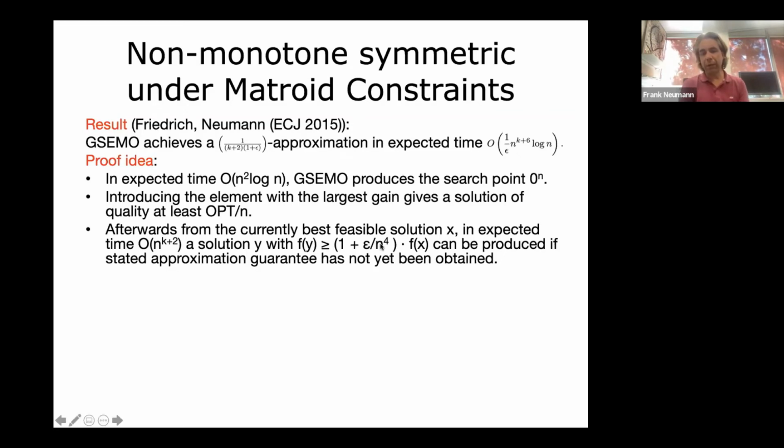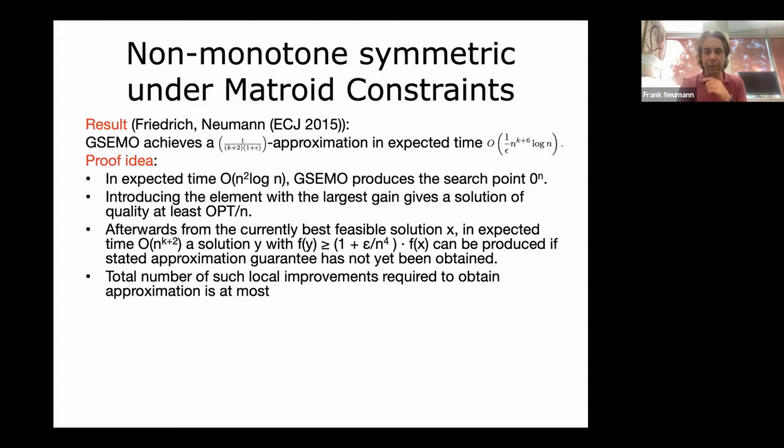So what does it mean if you essentially can increase the function value always by this factor? You can bound the number of steps that your evolutionary algorithm needs to get a solution where it can no further improve. And if it can no further improve, then the Lee result essentially tells you that you have obtained the approximation.